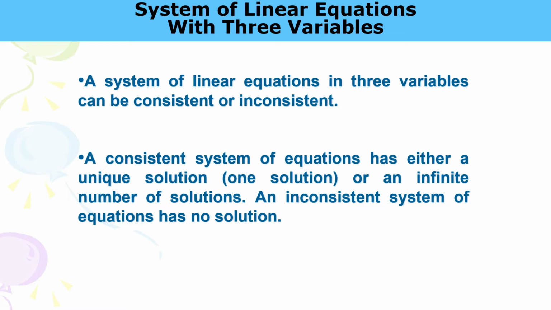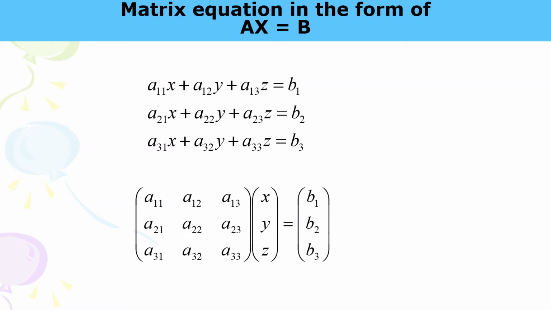A system of linear equations in three variables can be consistent or inconsistent. A consistent system of equations has either a unique solution or an infinite number of solutions. An inconsistent system of equations has no solution.